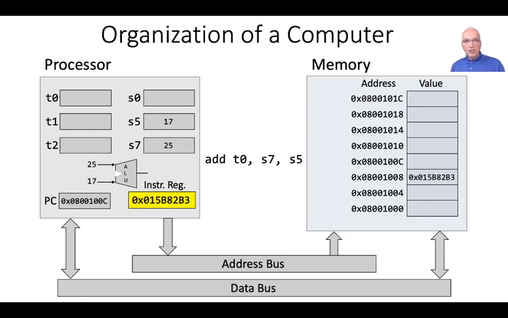There will be a code taken from both the opcode and the variants in function 3 and function 7 that will tell the arithmetic logic unit that in this case, what it has to do is add the two values that are in the input. It will produce an output, and the value from the output of the arithmetic and logic unit will then be sent to the destination register, which in this case is 42.